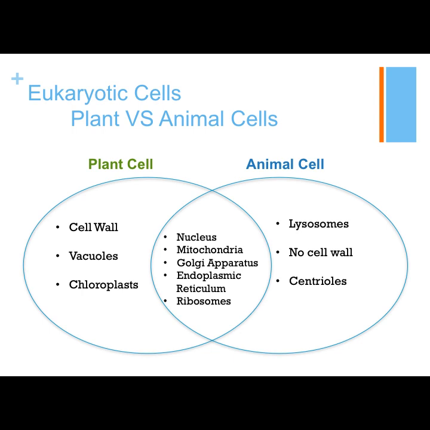They also have vacuoles that hold water for the plant, and chloroplasts, which is the site for photosynthesis. Animal cells do not need chloroplasts because they do not photosynthesize. Animal cells have other things like lysosomes and centrioles, which plant cells do not need, but both cells contain a nucleus, mitochondria, Golgi apparatus, things like that, which we will take a closer look at.